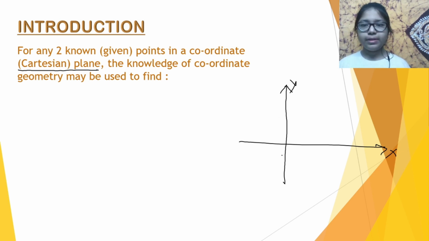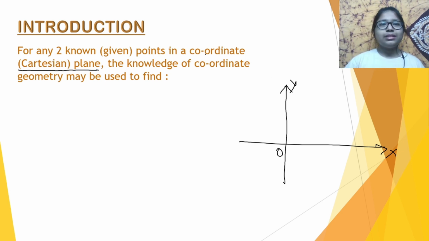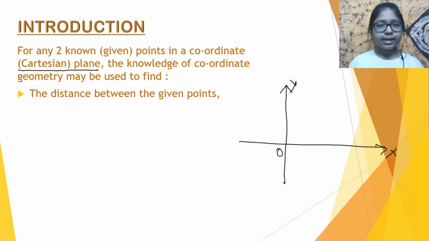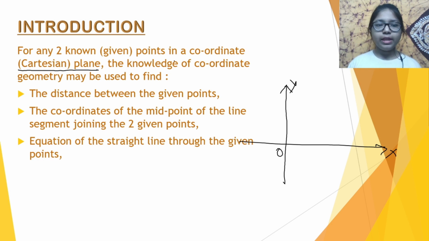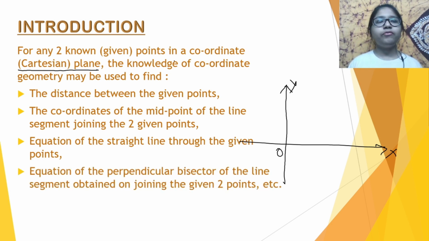This is a Cartesian plane with origin at O. The knowledge of coordinate geometry may be used to find: number 1, the distance between two given points; number 2, the coordinates of the midpoint of the line segment joining 2 points; number 3, equation of a straight line through the given point; and number 4, equation of the perpendicular bisector of the line segment obtained on joining the given 2 points, etc.